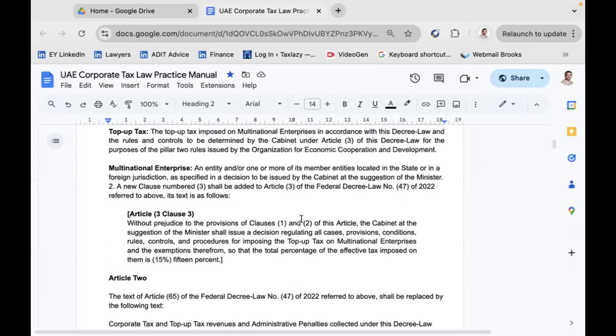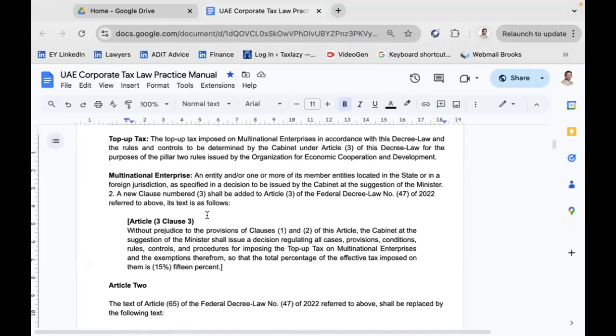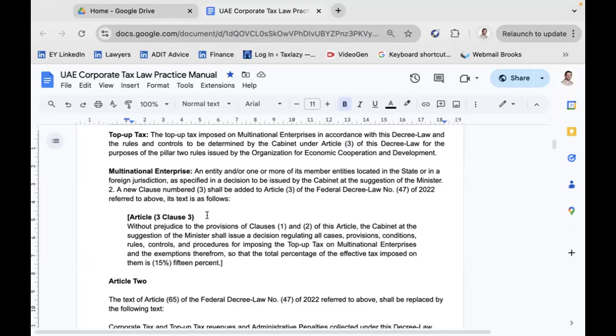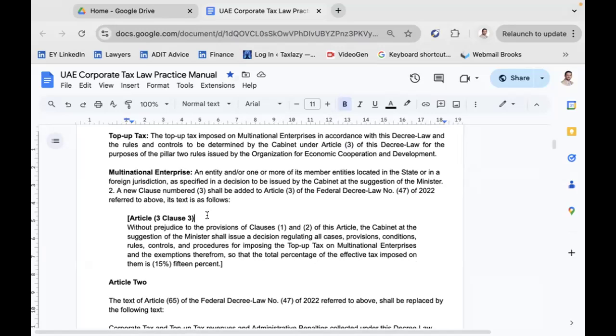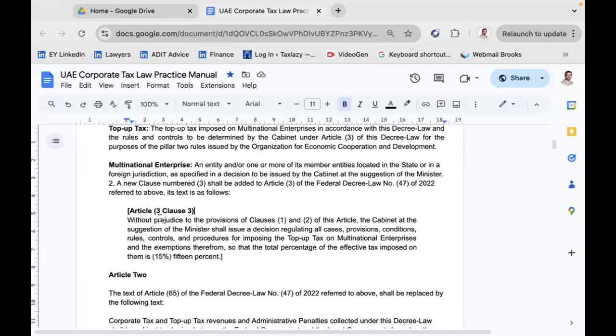So please remember this point, guys. As per Decree Law number 60, Article 3, Clause 3 was introduced. In the original decree law, you don't find clause 3; you only find clause 1 and 2. But this decree law number 60 introduced a third clause, on the top-up tax regime.